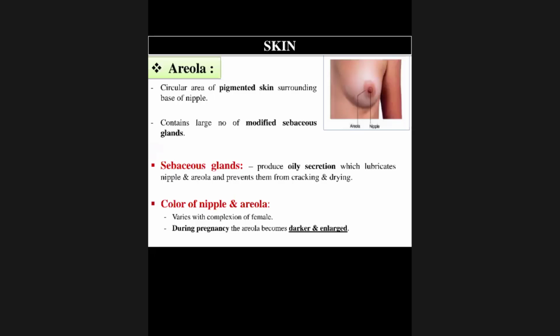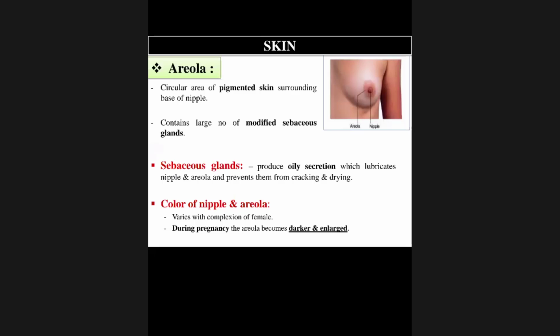What is the main function of the sebaceous glands? Why are sebaceous glands present around the nipple? They produce an oily secretion. Because of the oily secretion, it lubricates the nipple and prevents the nipple as well as the areola from cracking and drying.